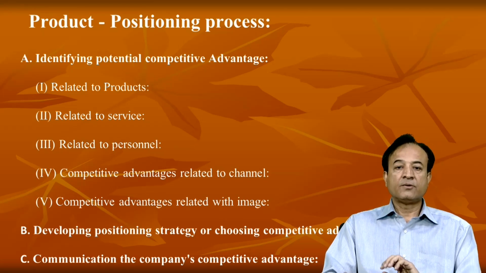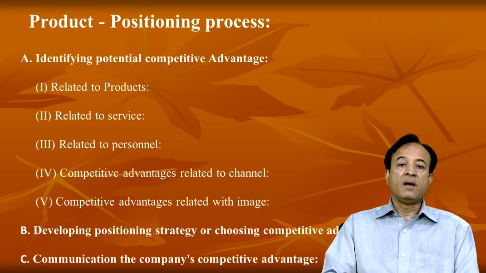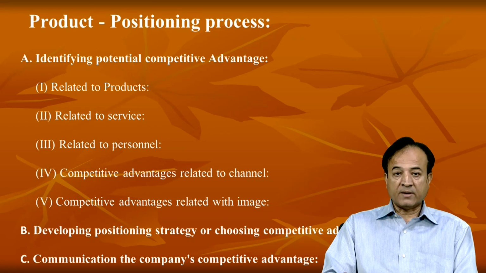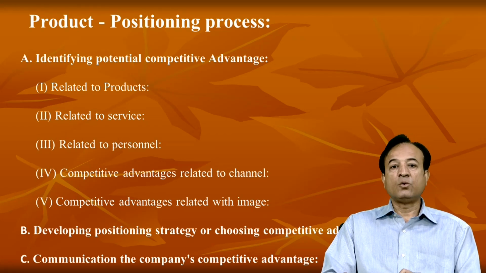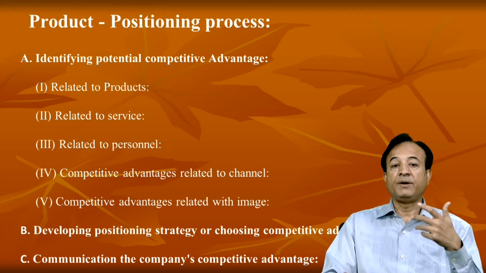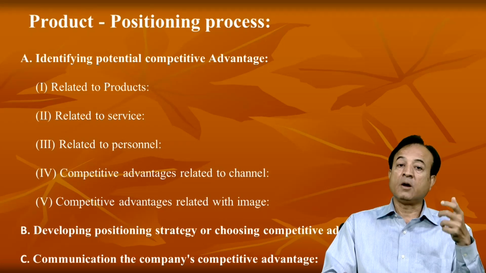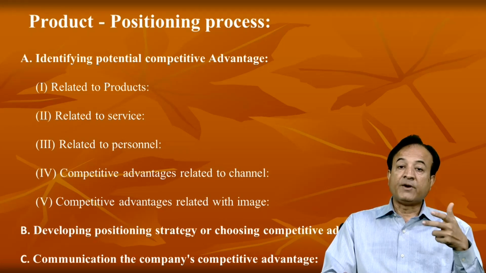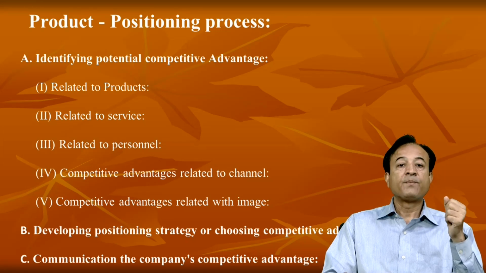In this first stage, the product is positioned by highlighting product benefits and advantages. So the primary task is to identify which potential competitive advantages a company can offer. A company can differentiate its product by competitive advantages.